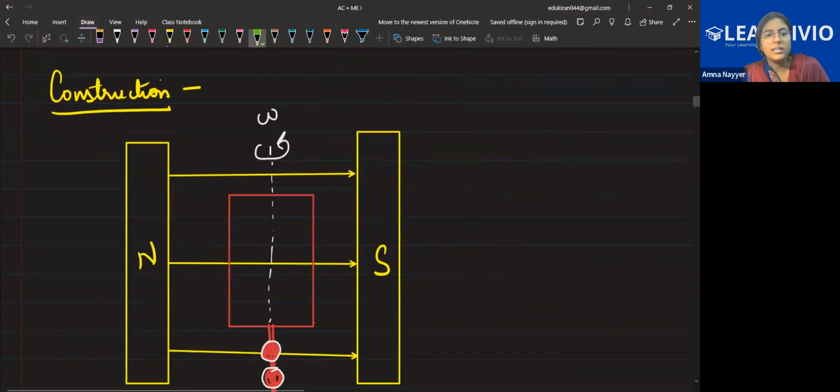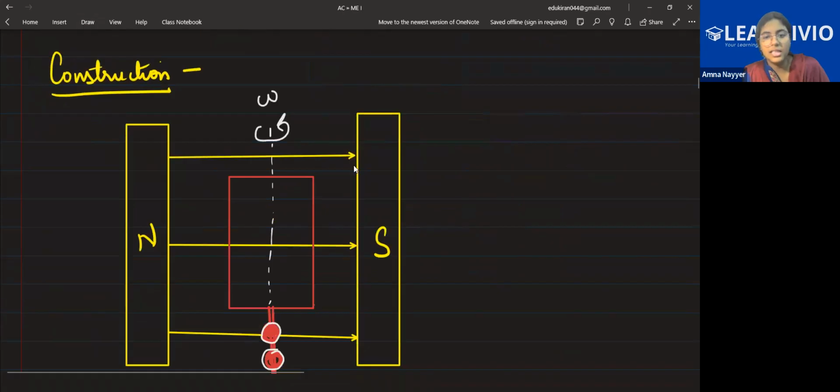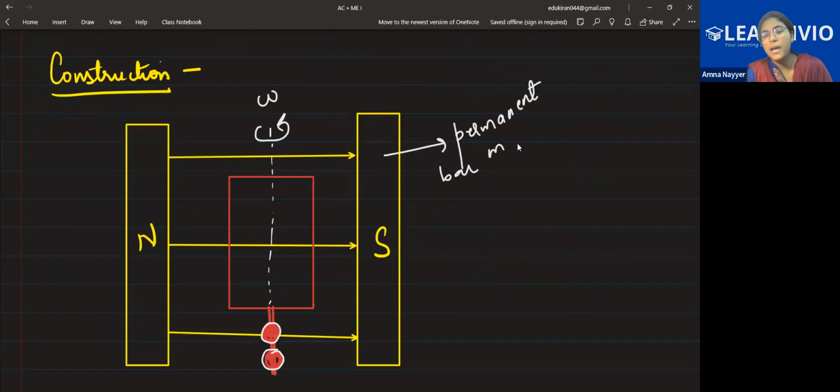How is it constructed? Look at the construction first. Two permanent bar magnets are present. These magnetic fields are coming from north to south. This is a rectangular coil which is present. It can be a circular coil also, but most probably we have the rectangular coil.